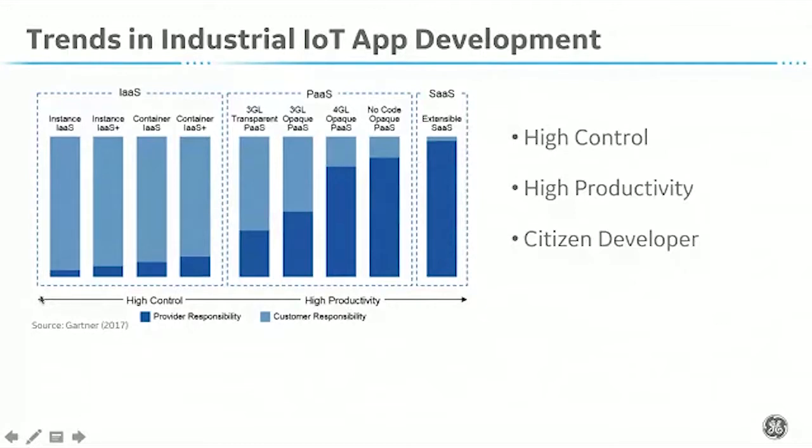For reference, high control environments are typically marketed towards the traditional, for lack of a better word, software developer. Someone who has that background in programming, who's in a team where you're sitting behind the computer to build that application. Whereas the high productivity environment is marketed towards what we call the citizen developer. Now I want you to remember the citizen developer because they're an important player in today's story.